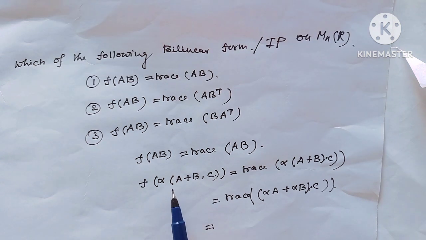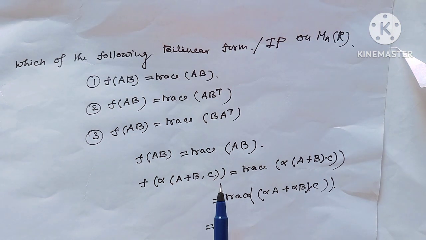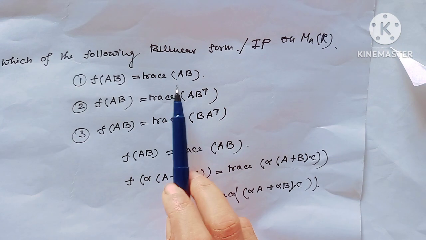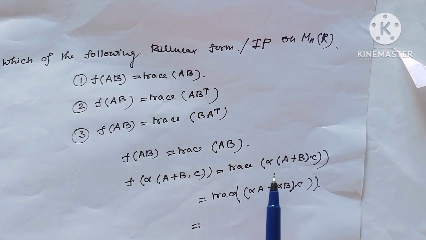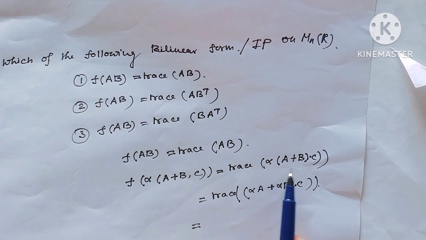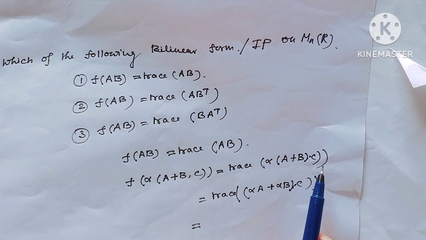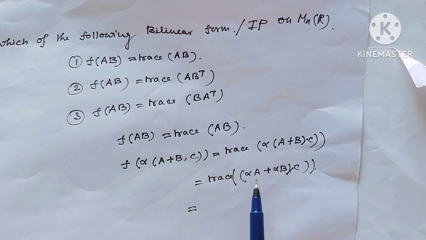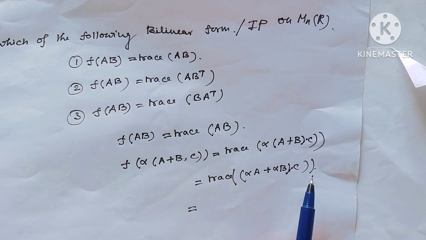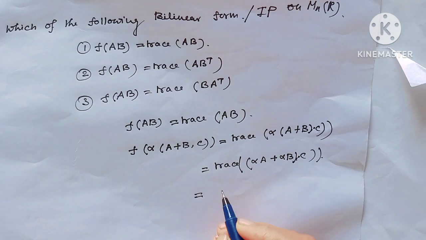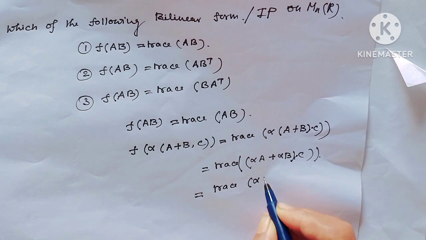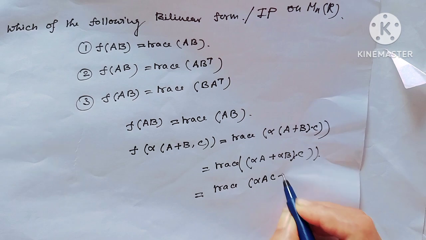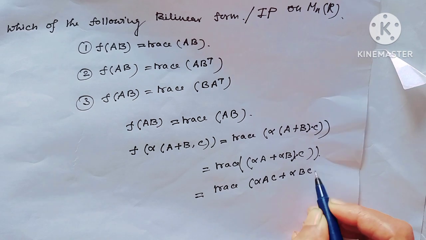Then f of (alpha A plus B, C), by the definition f of (A, B) equals trace of AB, is equal to trace of (alpha A plus B) dotted with C, and this is equal to trace of alpha AC plus BC.